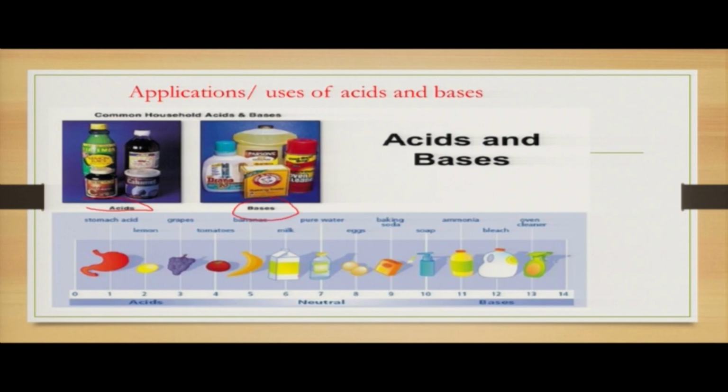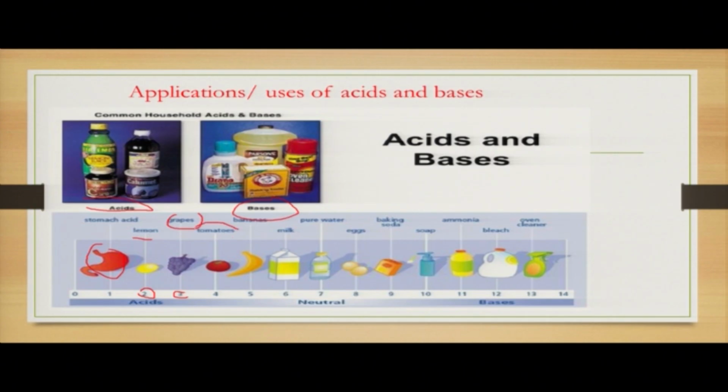What is important here is that when you look at this one, it is like the stomach. So we have acids in the stomach. We have lemons, so there must be acids with a pH of 2 in lemons. Then we have grapes, which have acids with a pH of 3.